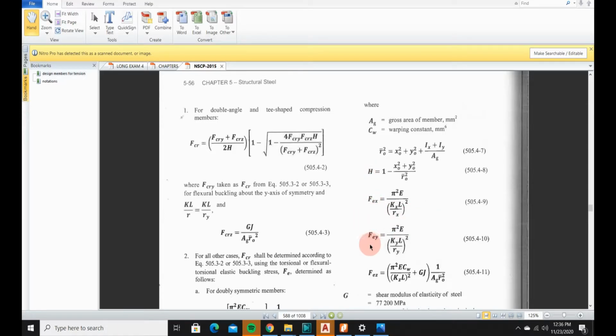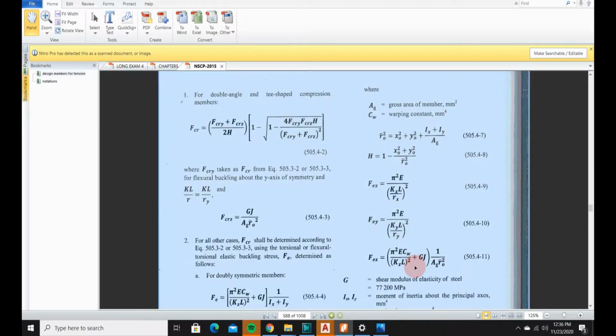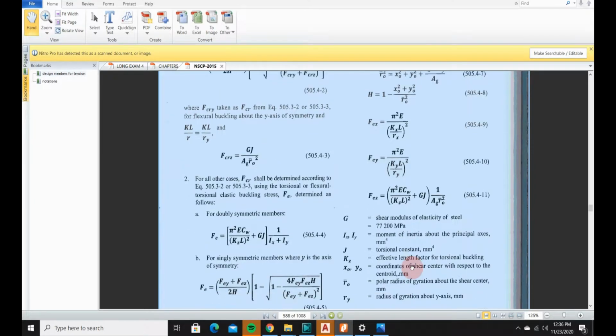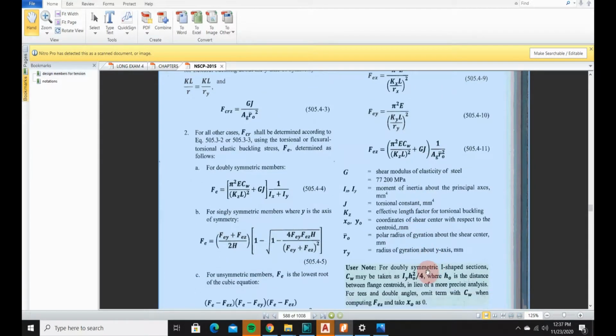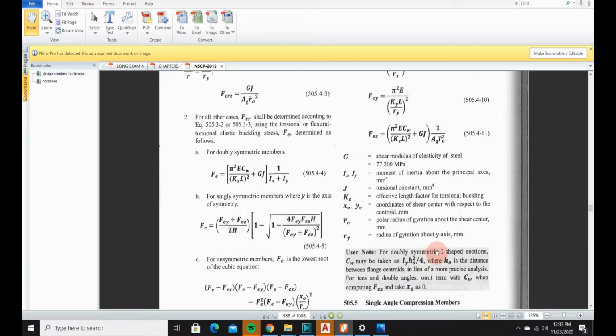So ito yung ginamit kanina natin in determining the elastic flexural buckling stress, and now we will be using this formula for the elastic torsional stress, wherein on this part we have a note here that for doubly symmetric I-shaped sections, Cw may be taken as this formula, where Ho is the distance between flange centroids. In lieu of a more precise analysis, for T's and double angles, omit the term with Cw when computing.